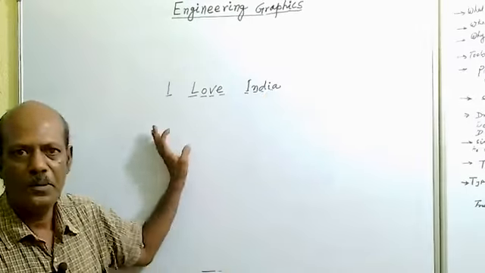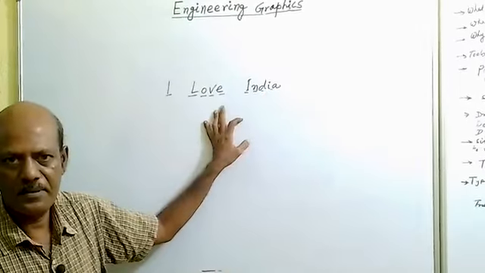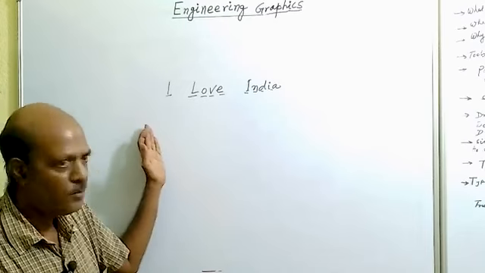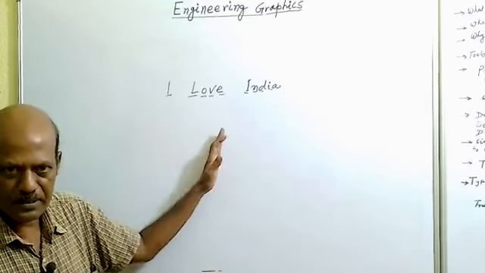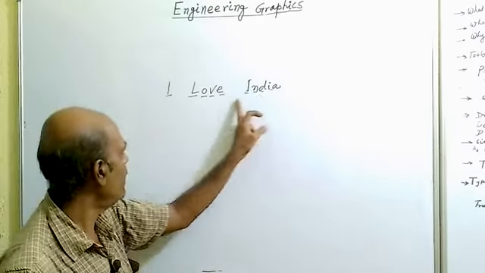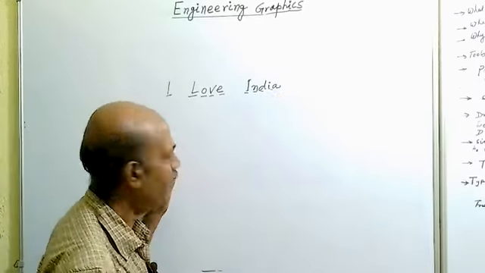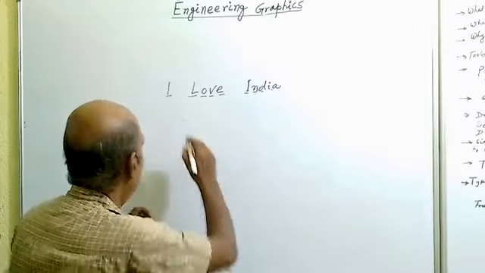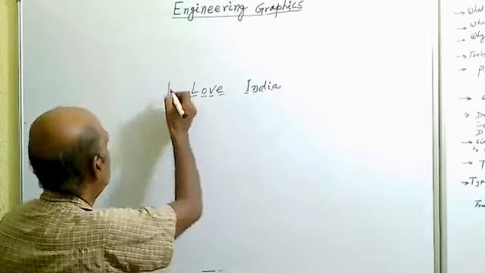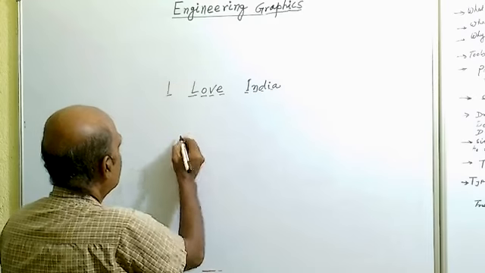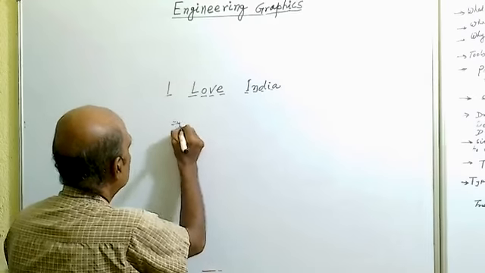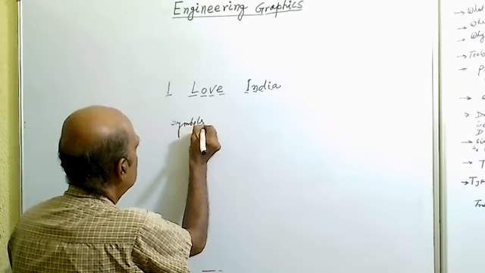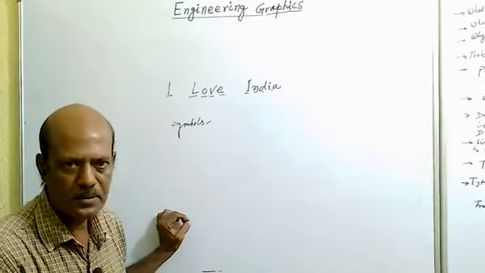So by this we are communicating something from one person to another person. So once I write this, I love India, that means I mean something. So these are nothing but the symbols of the English language.